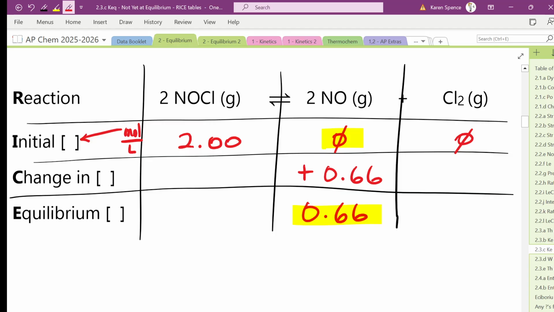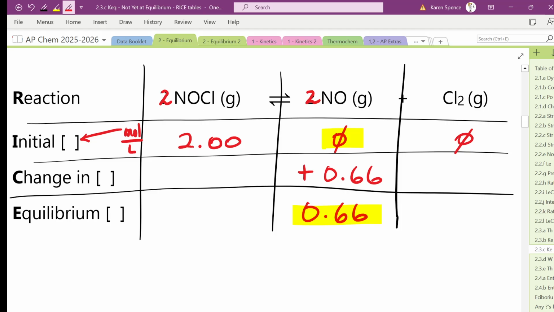And as soon as you know one of the changes, you know all the changes because they just go as the stoichiometry of the reaction. You remember your x's and your 2x's and your 3x's. Okay, so 0.66 is 2x.